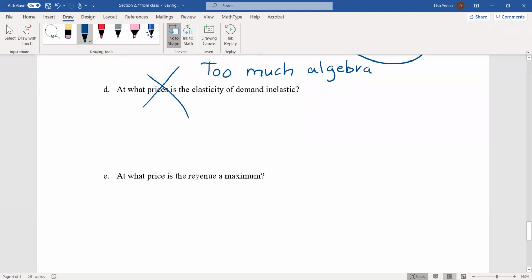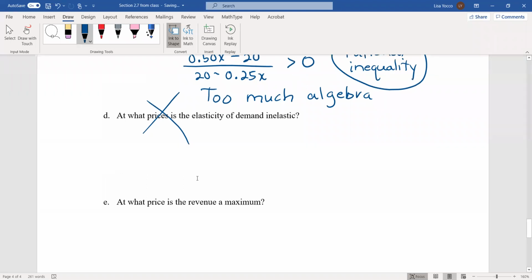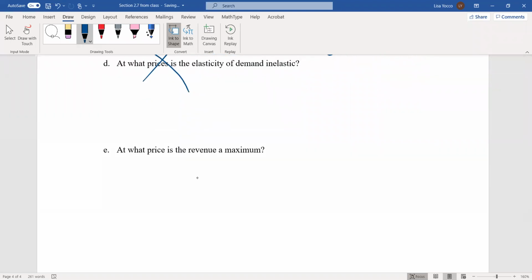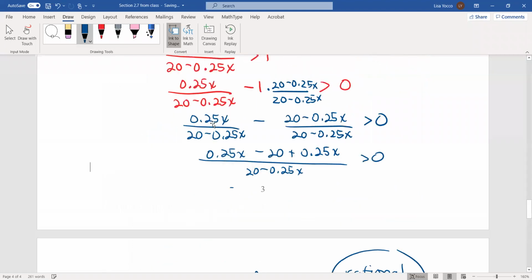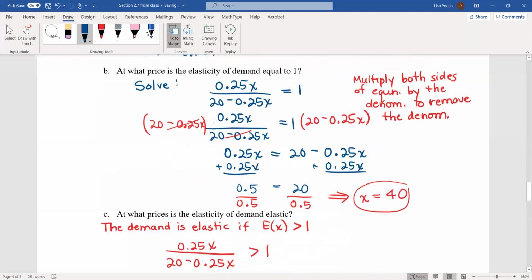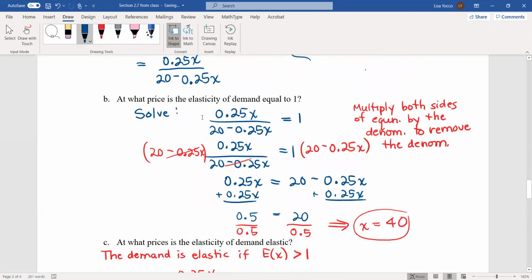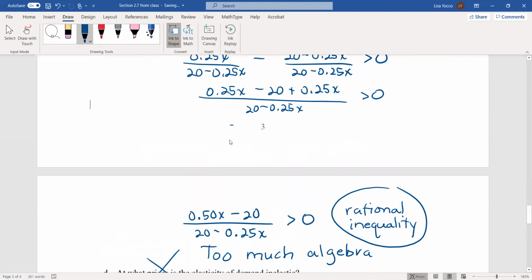At what price is the revenue a maximum? So that happens, remember, when the elasticity equals 1, and the elasticity is way up here. Oh, we already did that. Okay, I already did that.